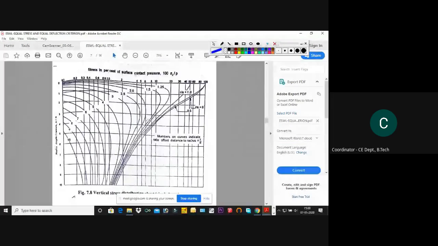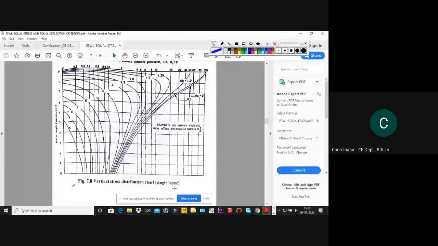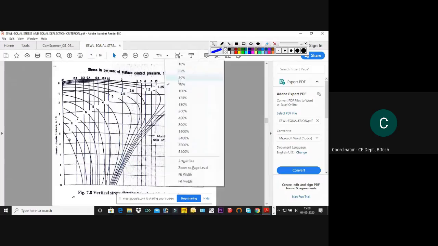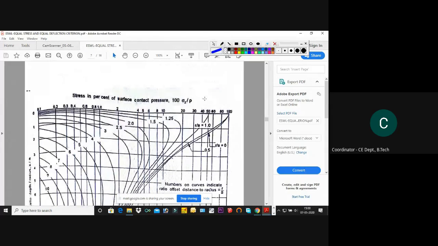See, it's given here, vertical stress distribution chart for single layer. Now see, in this equation, for solving this problem, we must know the stress ratio value. Now this is your stress ratio. See, it's given here. This value is your stress ratio.